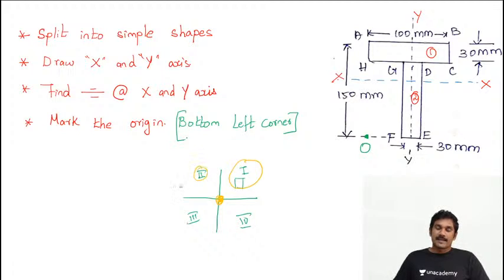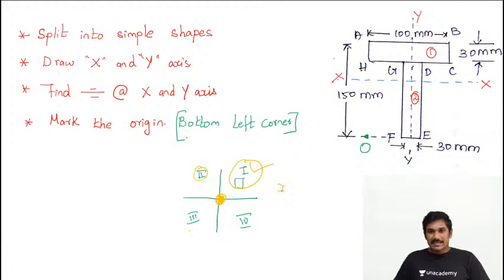For the second quadrant, bottom right is the origin. For the third, top right, and for the fourth, top left. I am selecting the bottom left corner simply because it is a first angle projection or first quadrant.